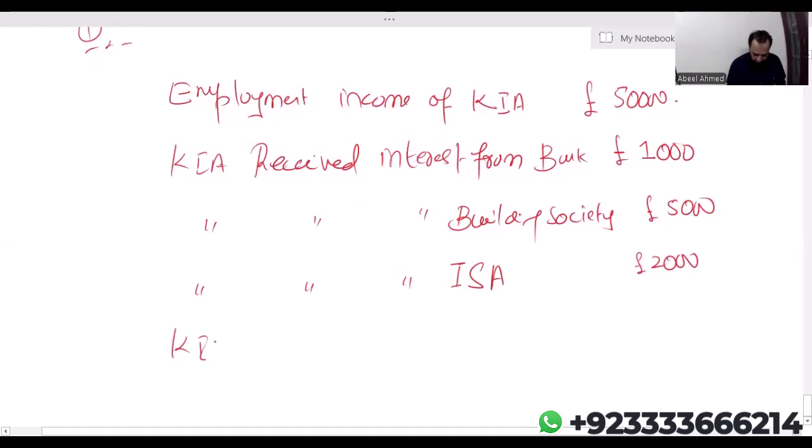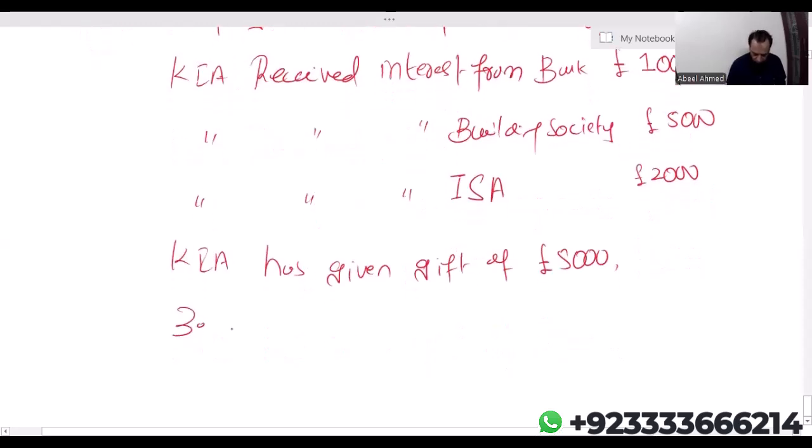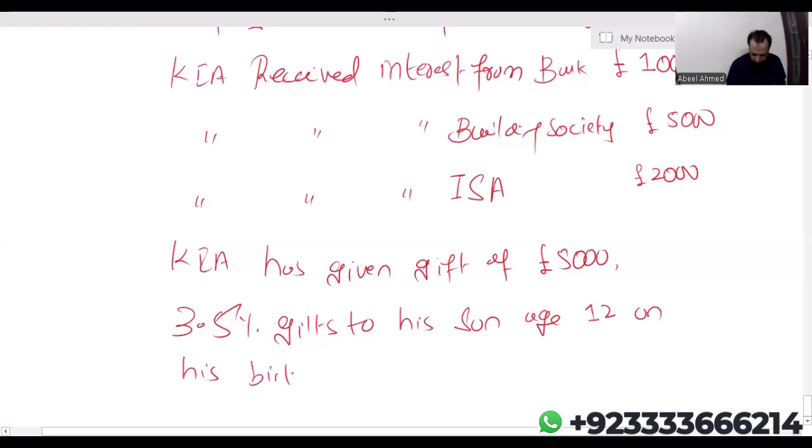Okay, Kia has given a gift of 5,000 pound, 3.5% gilts, that is government bonds, to his son, age 12, on his birthday.